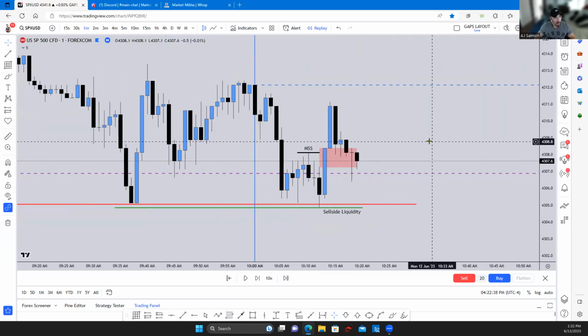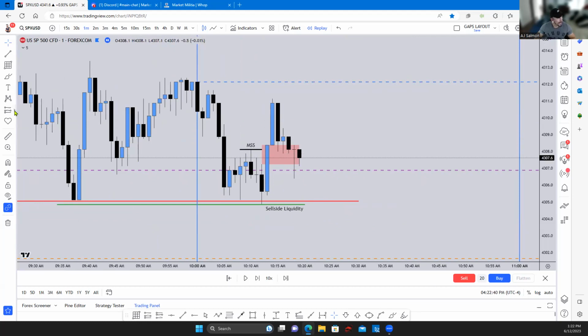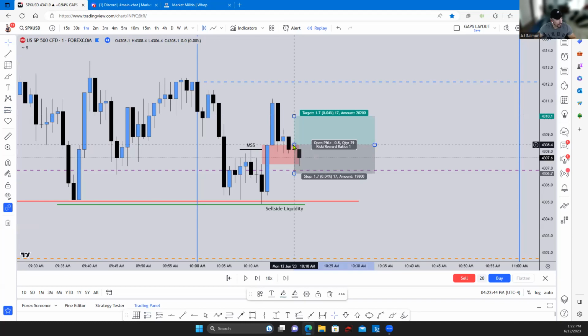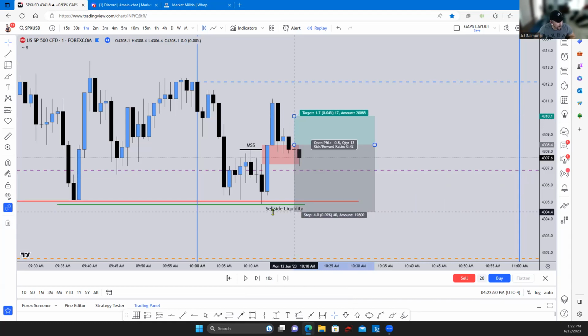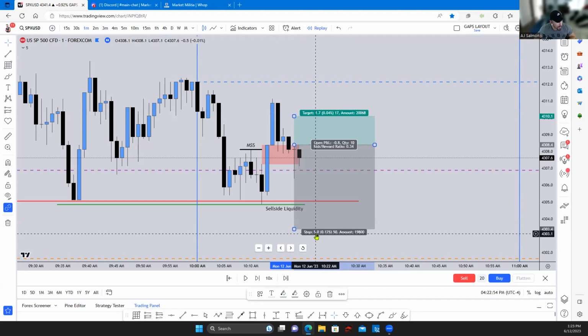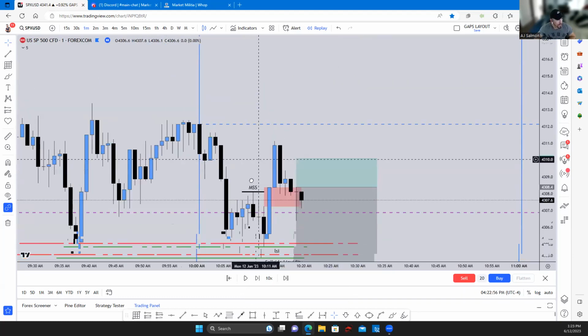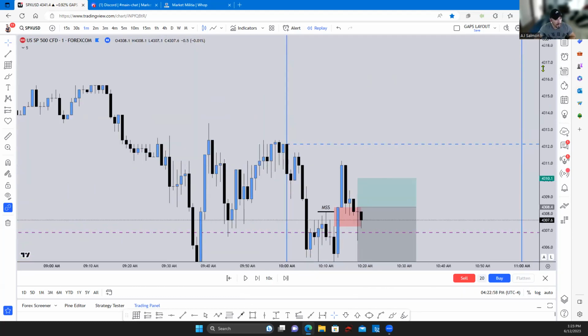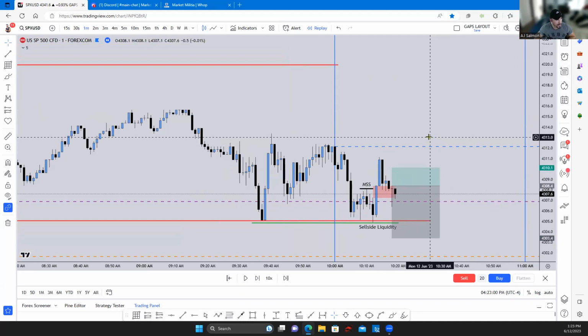So you could take a buy off of the top of this fair value gap box. For S&P, our stops are going to want to be 5 points or 50 pips. So here we have a 5 point stop or 50 pips. And then we're going to target a form of buy side liquidity.